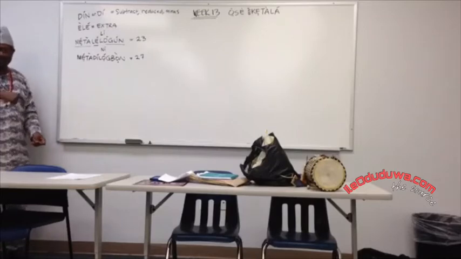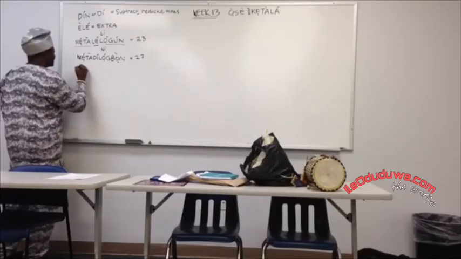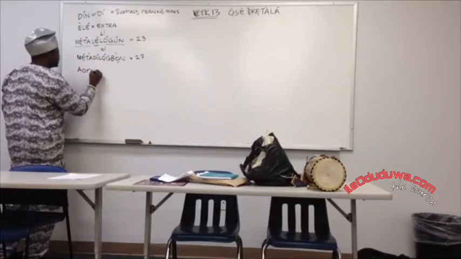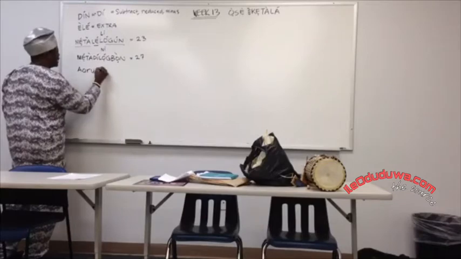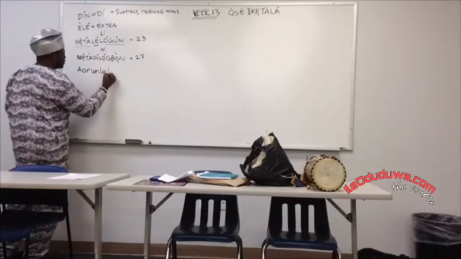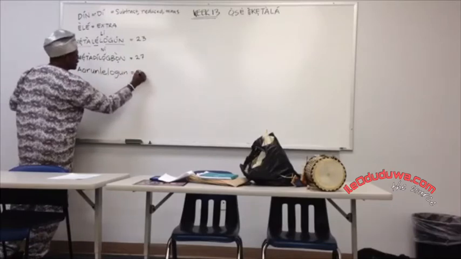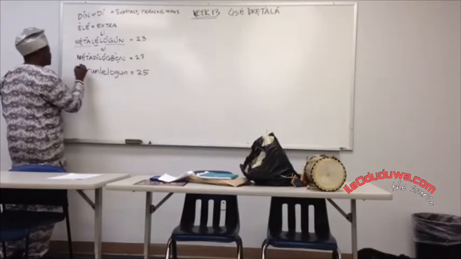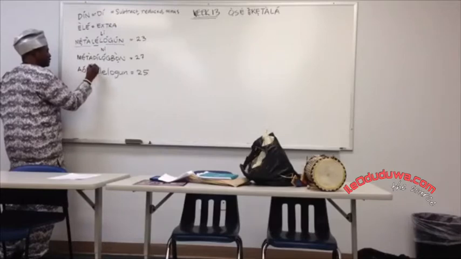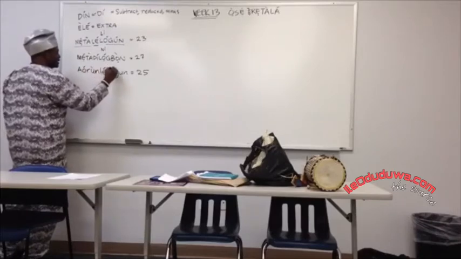So we say Arun le logun for 20, which is 25. Arun le logun.